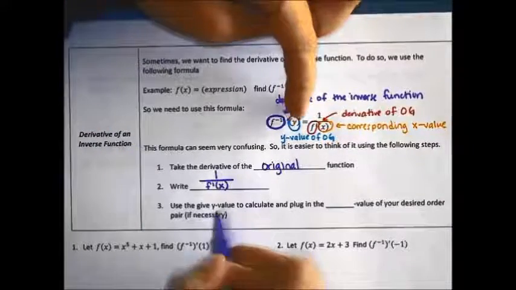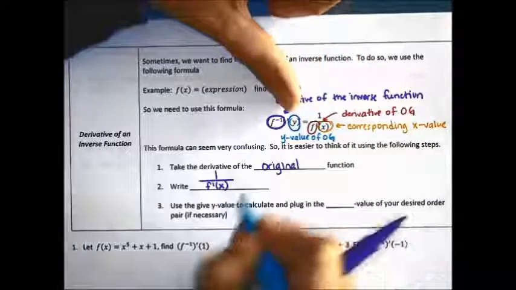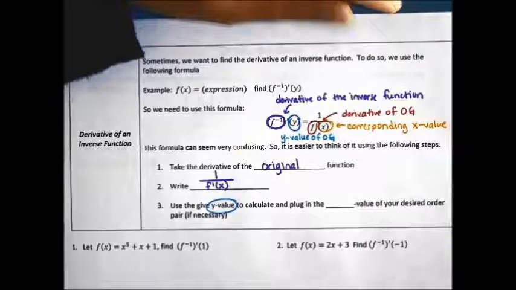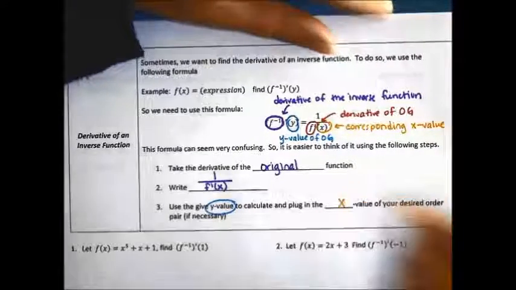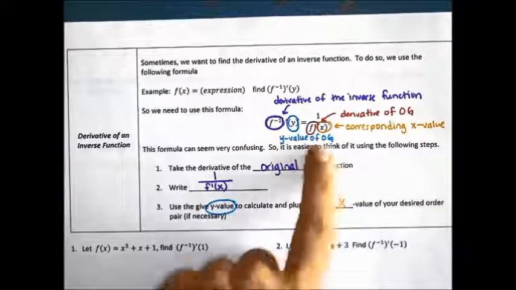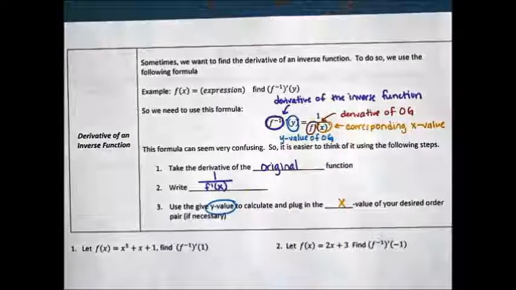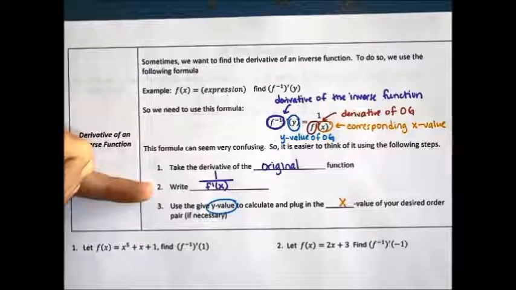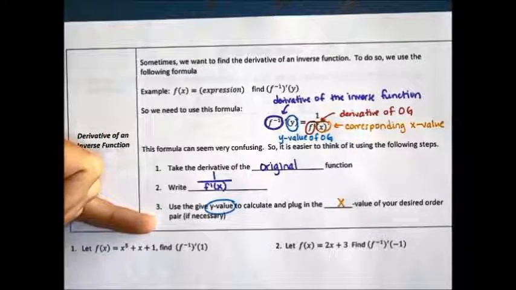They're going to give us this y value in the directions. Find this thing. To calculate and plug in the corresponding x value. So you're not going to know this number that you're plugging in right away. You're going to have to calculate it, and that's going to give you your final answer. It's 3 steps. Derivative, 1 over the derivative, calculate the x and plug it in.